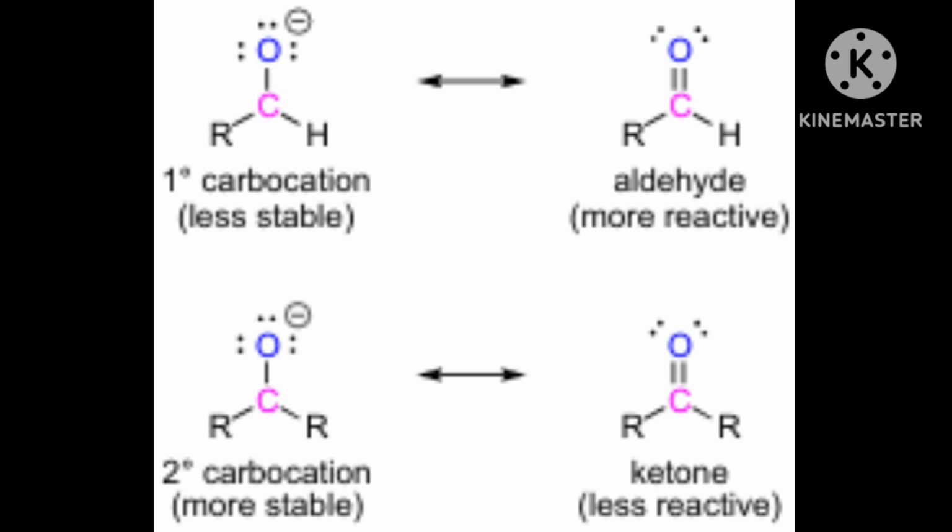After that, now it is tetrahedral, but oxygen is negatively charged, and it will take H plus from the water, and this step will be fast. This is step 2. This is fast, and now O minus converts to OH, meaning you get the addition product.